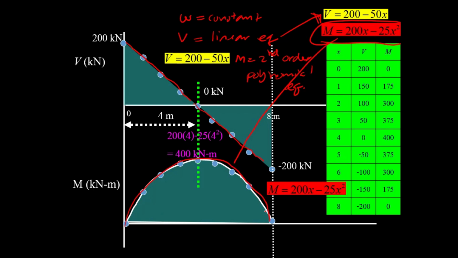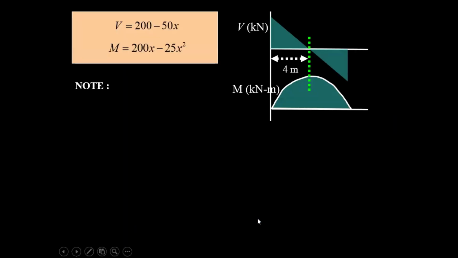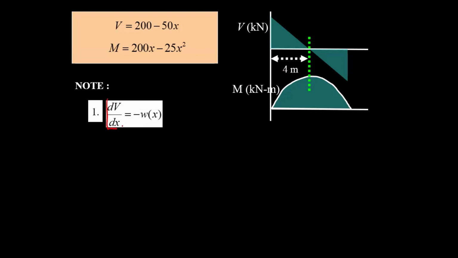Following this, you have dV by dx equal to minus w. You may do this: dV of 200 minus 50x by dx.